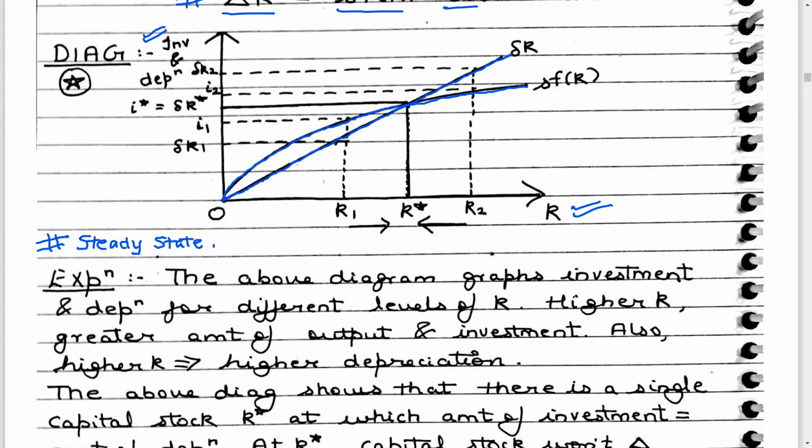So the steady state condition is that change in the capital stock per worker is equal to 0, which implies investment minus depreciation equal to 0, which implies your savings is exactly equal to depreciation. And where does it happen? In the diagram, it happens at the level of capital stock per worker K star. You can see guys, at K star, investment is equal to depreciation. So this is called the steady state.